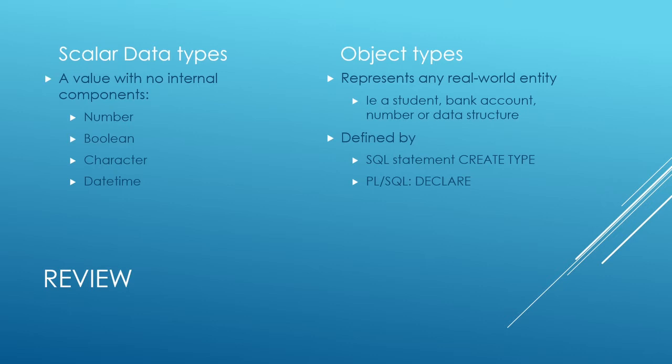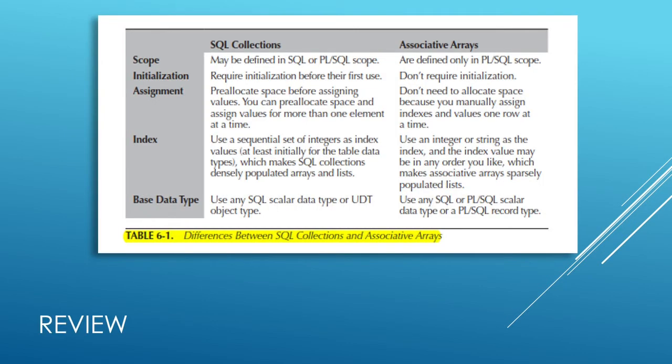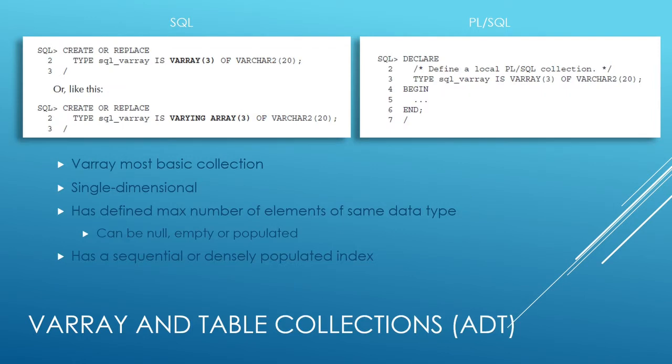I'm going to primarily talk about the scalar data types because I wanted to focus on the ADT component of collections. The text has a good table, table 6.1, that really talks about SQL collections and associative arrays and how they work. But I'll review this in a little bit as we go through.